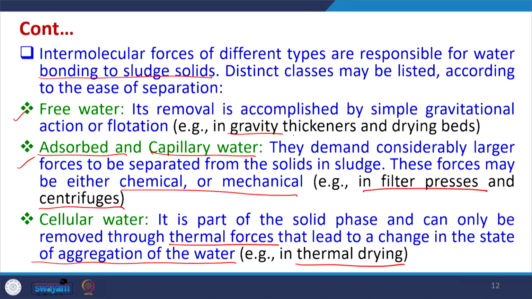It may be a gravity thickener or drying bed, which will remove the free water. It may be a filter press or centrifuges, which will not only remove free water, they will remove the adsorbed and capillary water also. Then we can use thermal drying, which will remove the cellular water also.